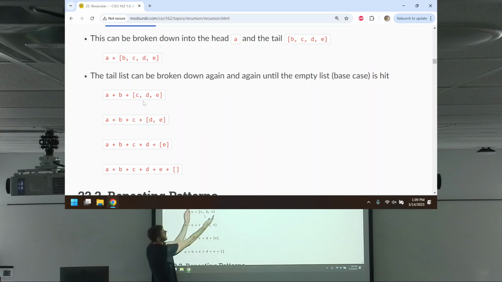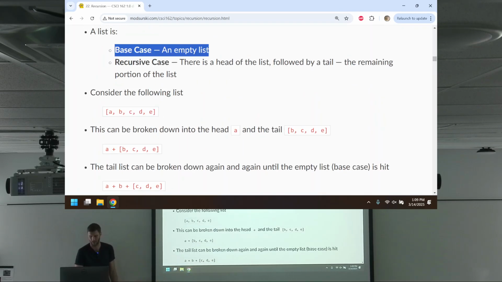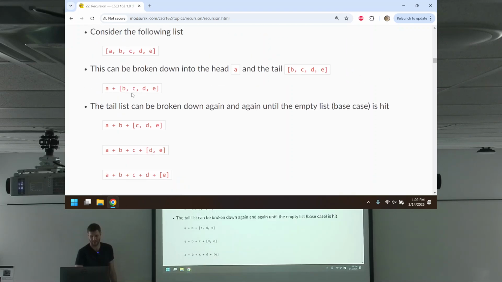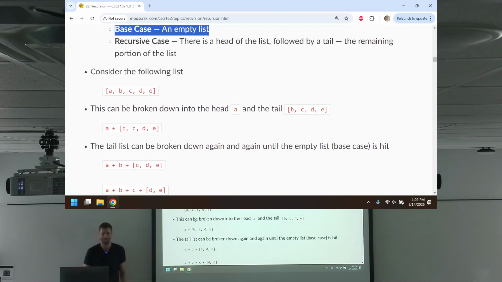If I do it again on that sublist and take the B out, B plus its sublist, and then C plus its sublist, is that a list? It's an empty list. Why is that a list? Because we said so right there. So if that's a list, then we know this is a list, then we know this is a list, and so on. Recursively define the list. This might seem silly, but this is a very powerful way of thinking.